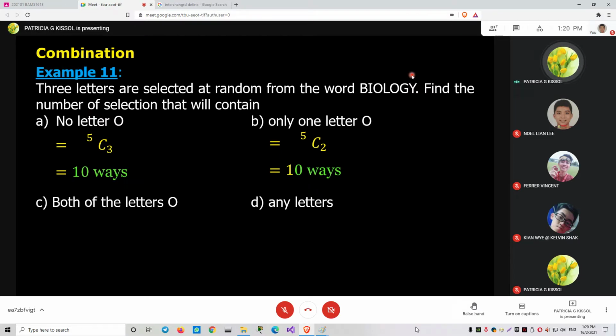Any questions so far? No? Okay. Now the next one is both of the letters O. That means in the selection, it's definitely containing both of the letters O. So when both of the letters are already included, how many other letters do we need to find?